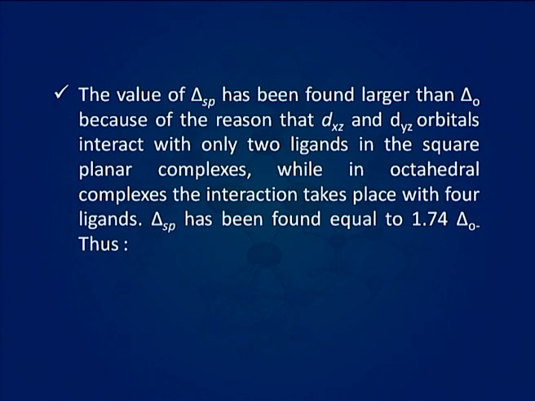Delta SP has been found equal to 1.74 delta O. Therefore, delta SP will be equal to delta 1 plus delta 2 plus delta 3, which is greater than delta O, and also delta SP is equal to 1.74 delta O. Note that the crystal field model does not explain the bonding in coordination complexes. It describes only behavior that can be attributed to electrons on the transition metal atom in the coordination complex.